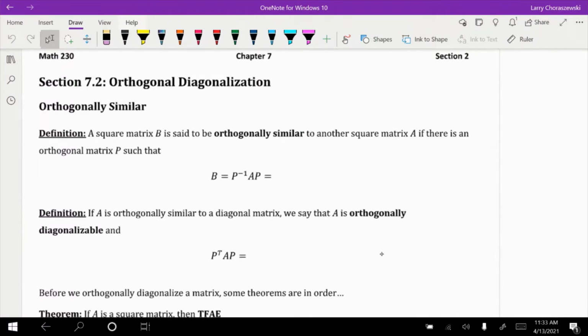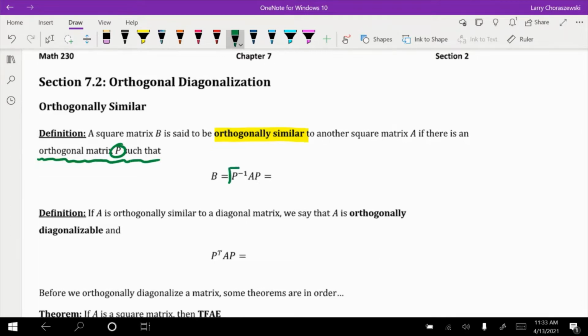All right, folks. Well, let's talk about what it means to be orthogonally similar. We say that the square matrix B is orthogonally similar to another square matrix A if there is an orthogonal matrix P such that B is equal to P inverse AP.